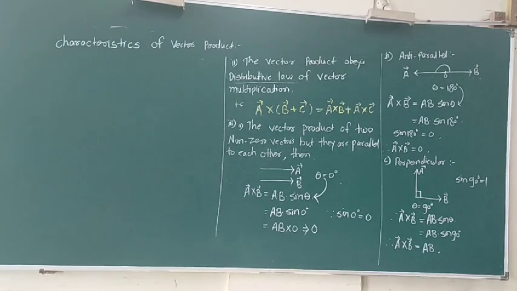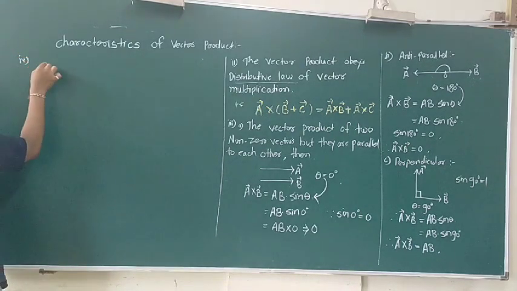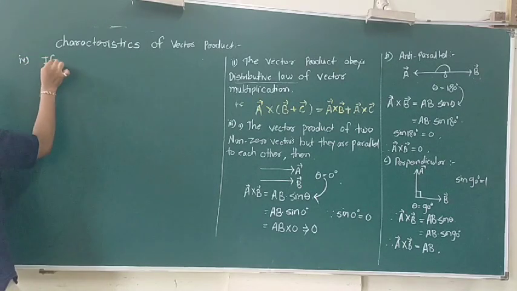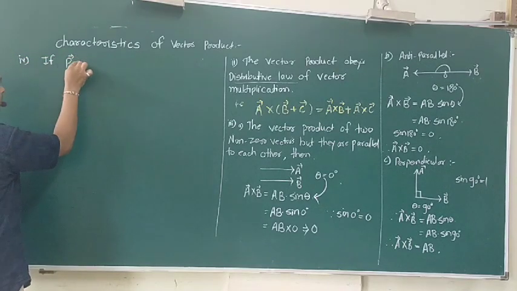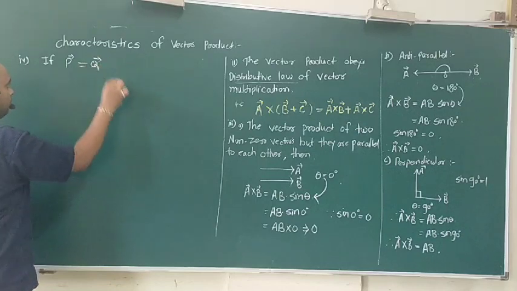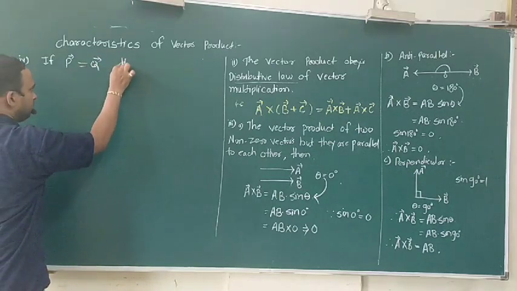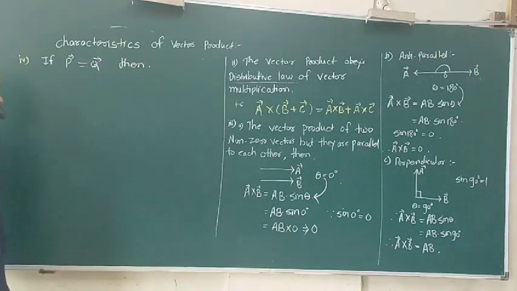Okay. Now, the next property, the fourth one: if P bar is equal to Q bar, then P bar cross Q bar is equal to 0.